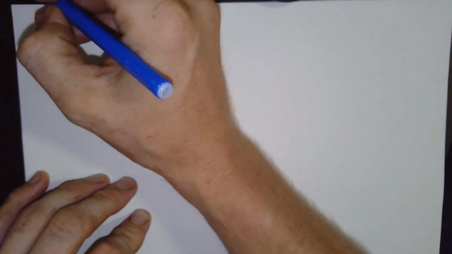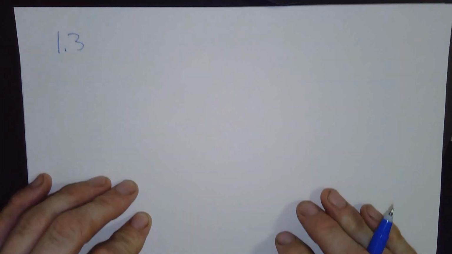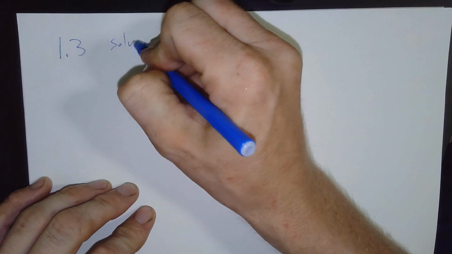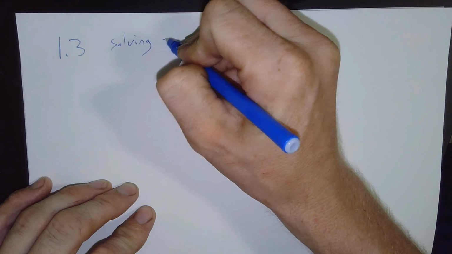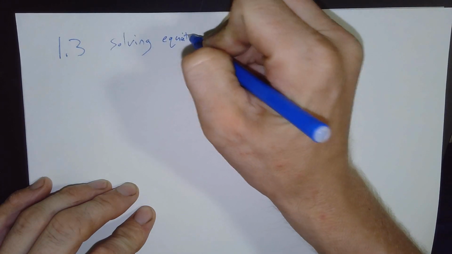Alright, so here's an important lesson. This might be your first exposure to letters combined with math. Those are called variables. This is lesson 1.3, solving equations using properties of equality.